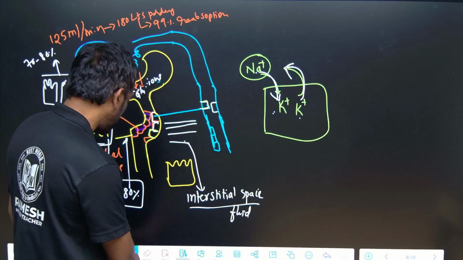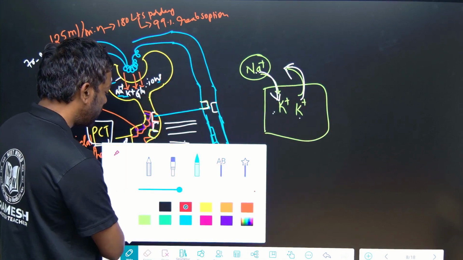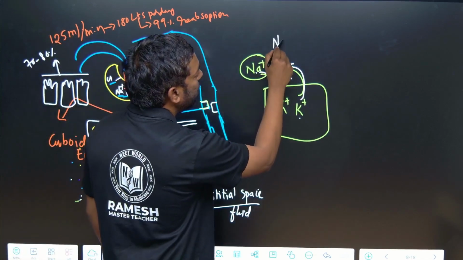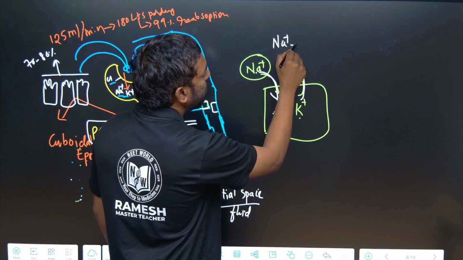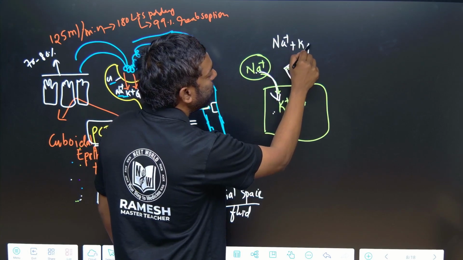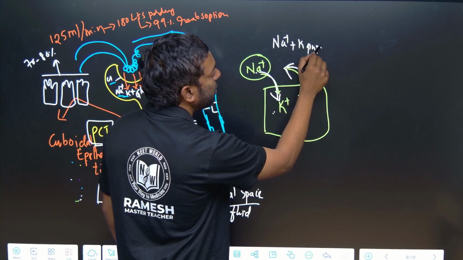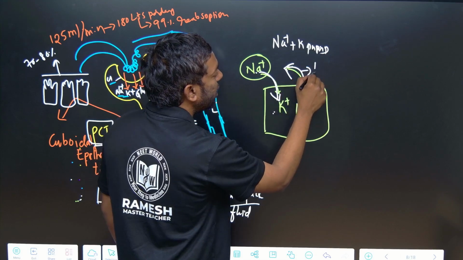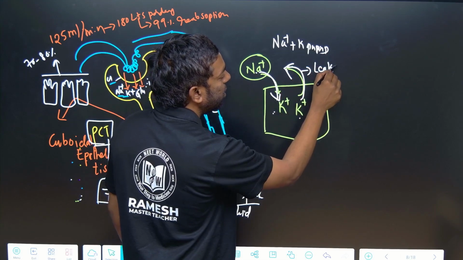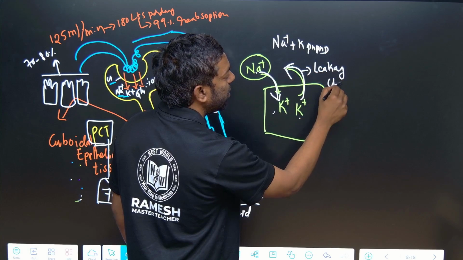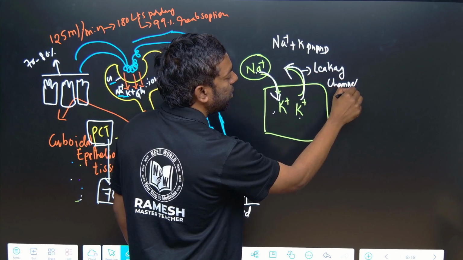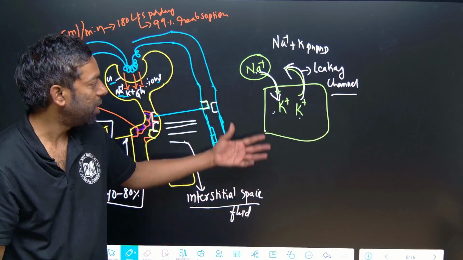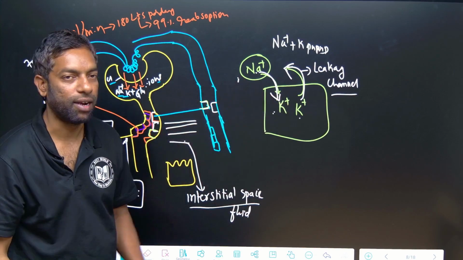This pump we call the sodium potassium pump. This channel we call the leakage channel, to maintain ionic concentration between the interstitial fluid and the cell.